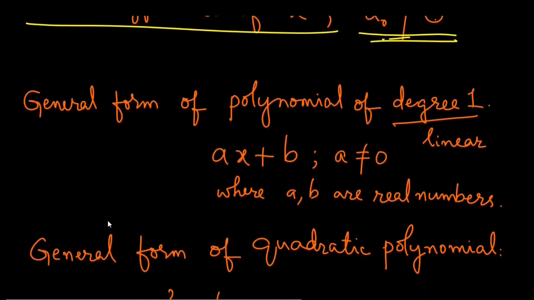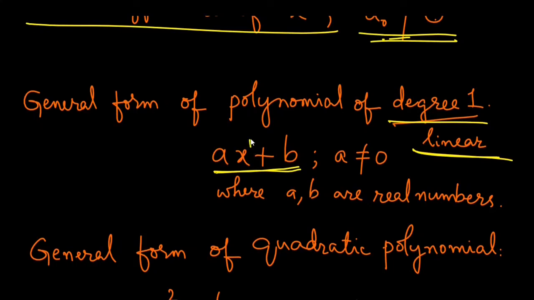Now let us see the general form of a polynomial of degree 1. Polynomial of degree 1 is called linear polynomial. At most, a linear polynomial may have two terms. A term having x with exponent 1 and another is constant term. So the general form is ax plus b.